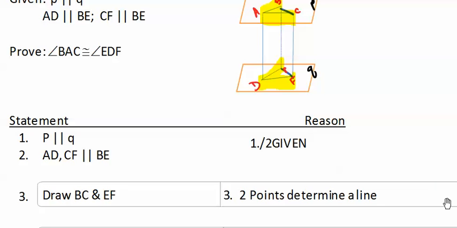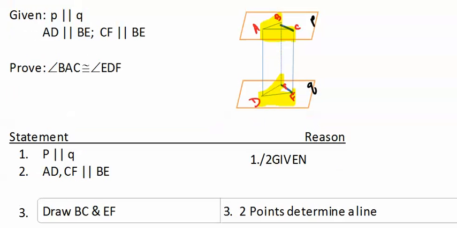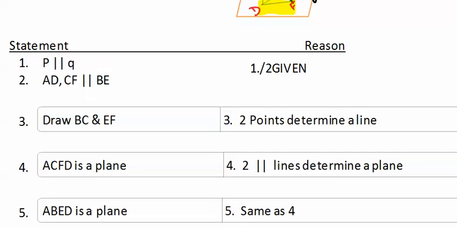One of the beginning things that we'd like to do, though, is establish that ACFD is indeed a plane. And we can do that by saying two parallel lines determine a plane. And we'll do that with ABED as well, based on the same reasoning.